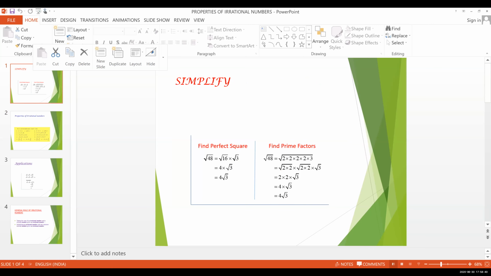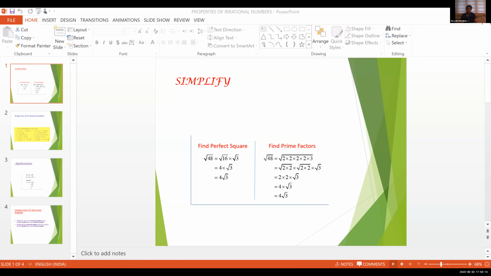Simplify root 48: find the perfect square and use the prime factors. These were the earlier topics we have taken. Root 48 we did in two different methods, method 1 and method 2. Is it clear? Yes, ma'am.